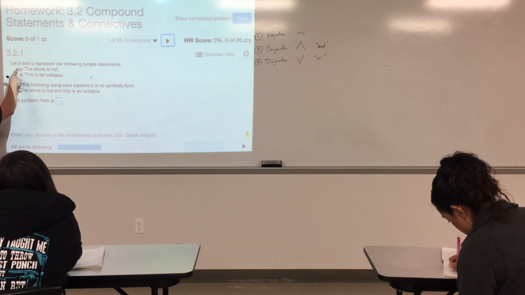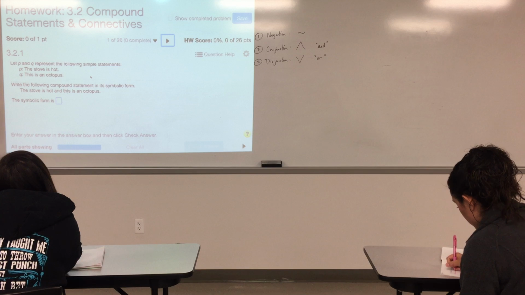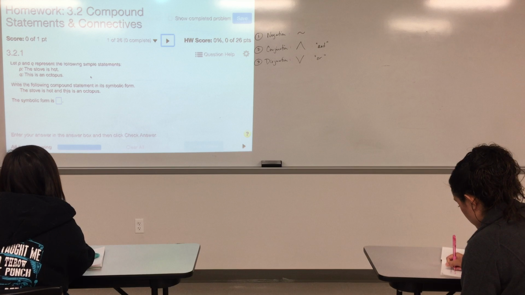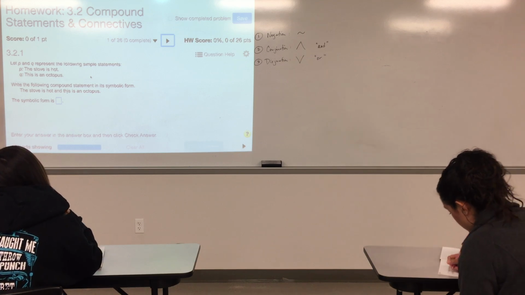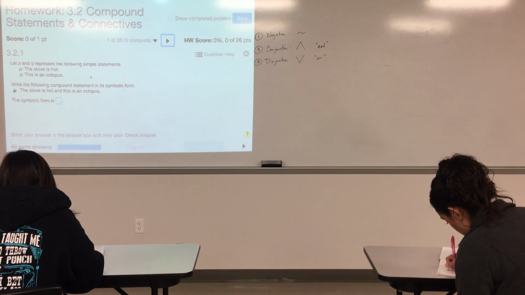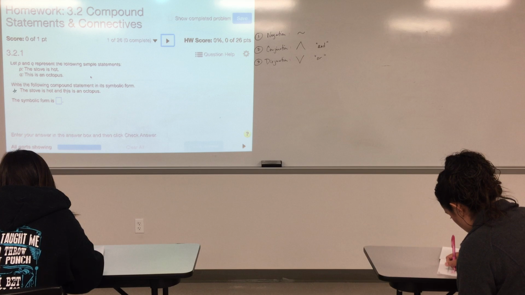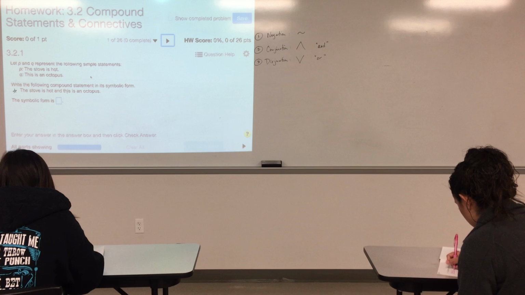They say that the letter P represents the statement, the stove is hot. They say the letter Q represents the statement, this is an octopus. What they want us to do is turn the following statement, the stove is hot, and this is an octopus, into a symbolic statement.